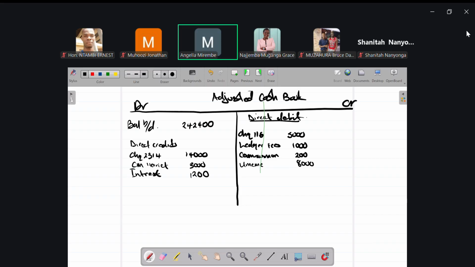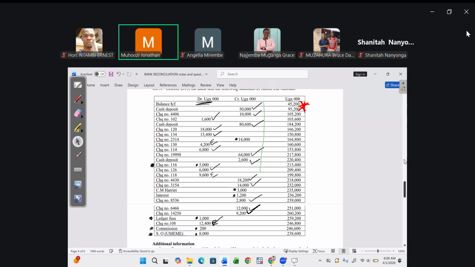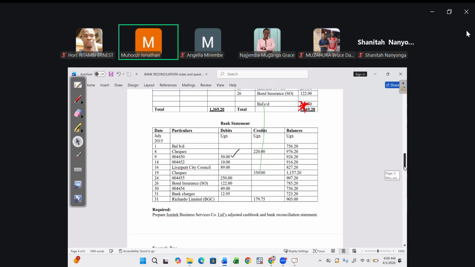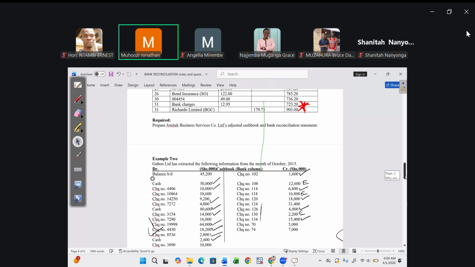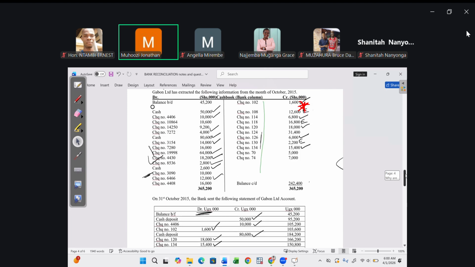Madam, why are we bringing in the balance brought down on the debit side? Anyone who understood? Madam said that since in the bank reconciliation statement, that one was a credit balance, in the adjusted cash book, we transfer it to the debit side.